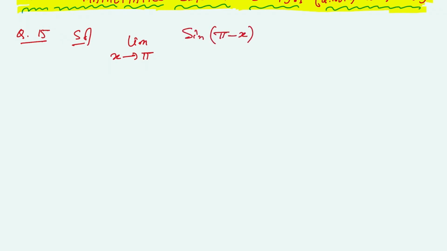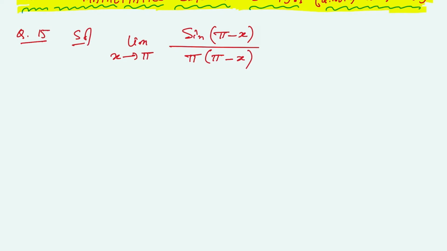Our next question is question number 15. Here x tends to pi, and we need to find the limit of sine of pi minus x by pi into pi minus x.